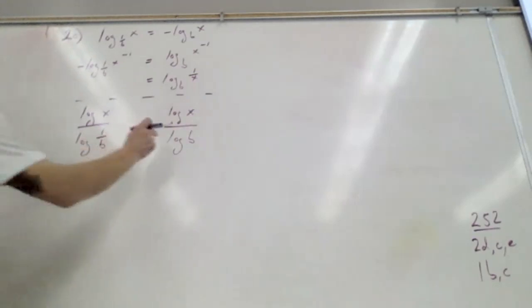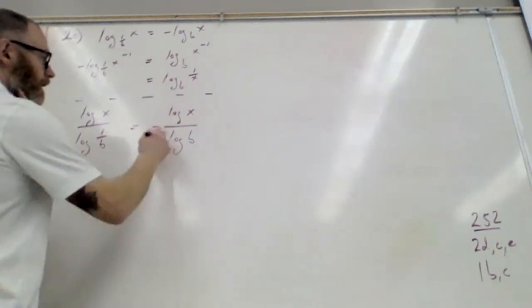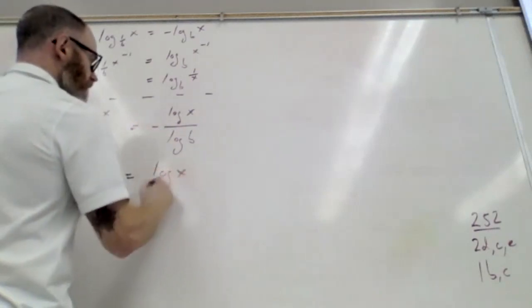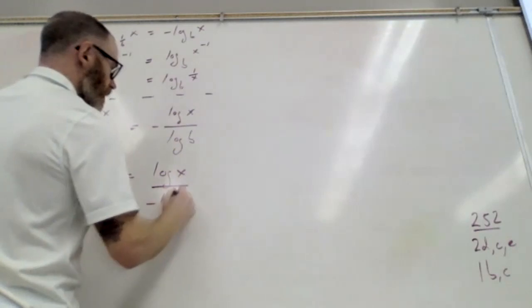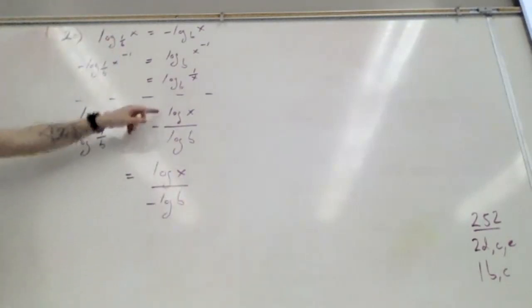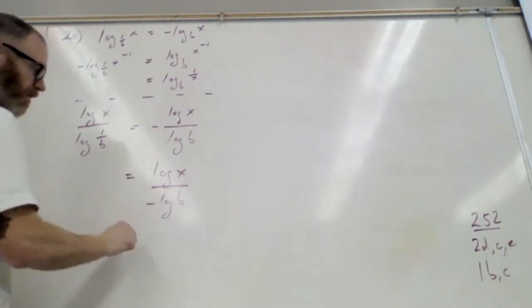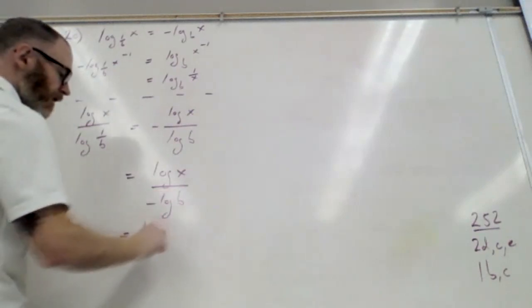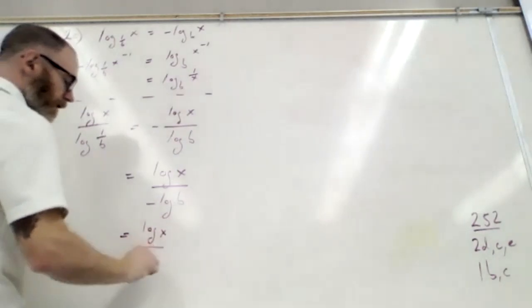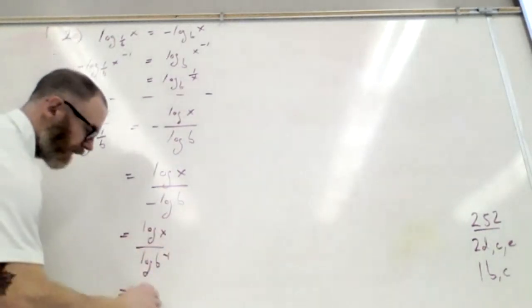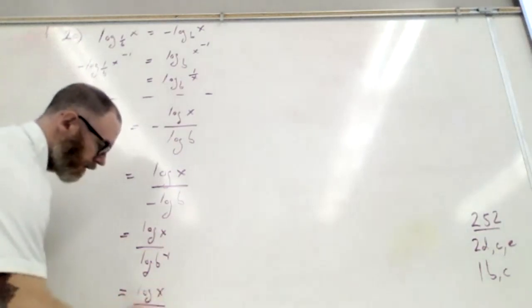Which means down here, that negative could be, I'll do the whole step for it, log x over negative log b, because a negative is top, bottom, or middle, doesn't matter as long as it's only once. So here it can become the exponent. Log of x over log of b to the -1 is log of x over log of 1/b.